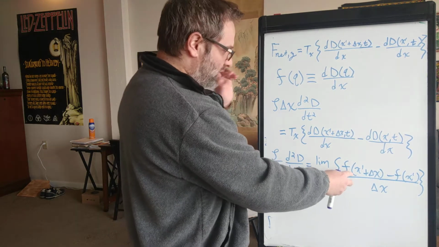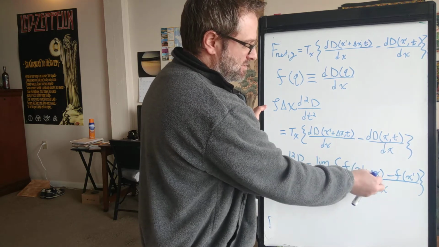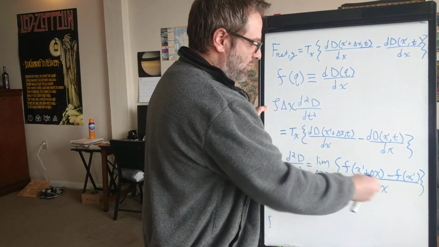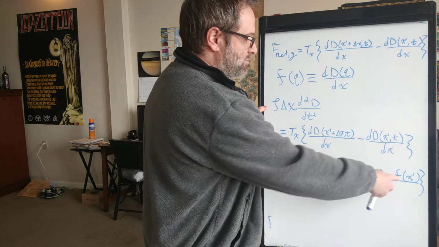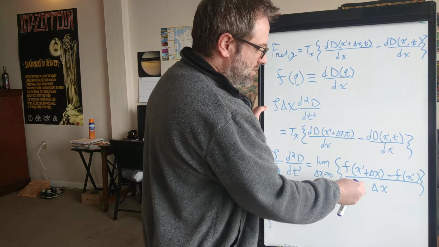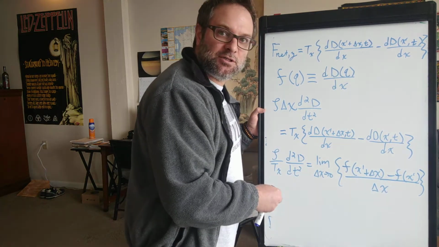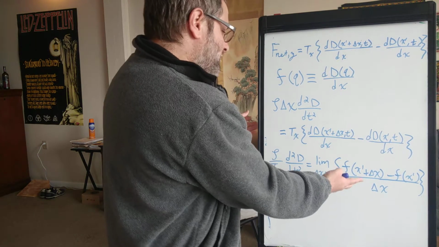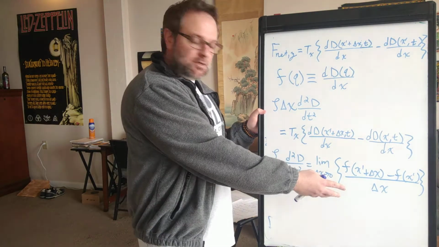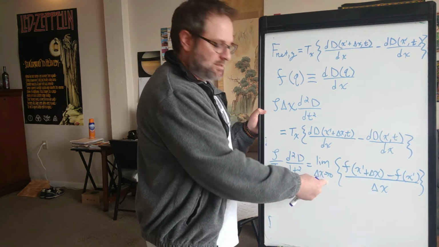We have a function evaluated at one point plus some delta x, minus the function evaluated at the original point, x prime, divided by the distance between those 2 points. This is the definition of the slope, the definition of the derivative, when we take that distance to 0.